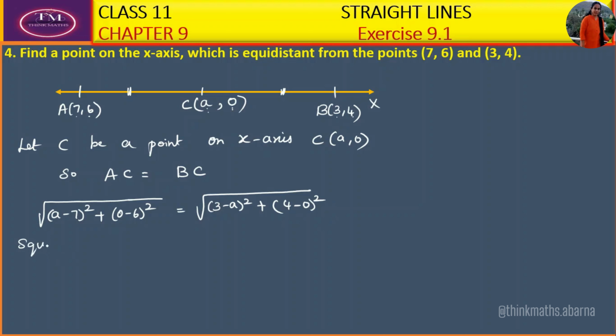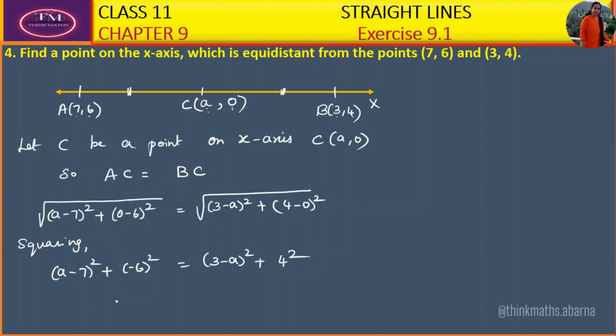If we square on both sides, the square root gets cancelled. So we will have (a minus 7) whole square plus, what is 0 minus 6? It is (minus 6) whole square, equal to (3 minus a) the whole square plus 4 minus 0, which is 4 square.